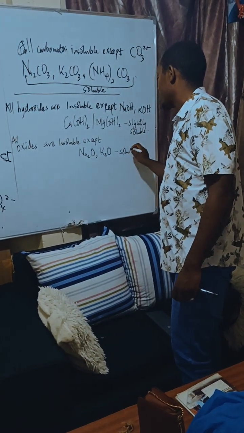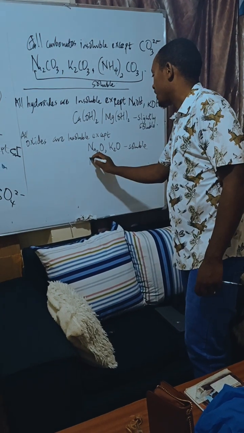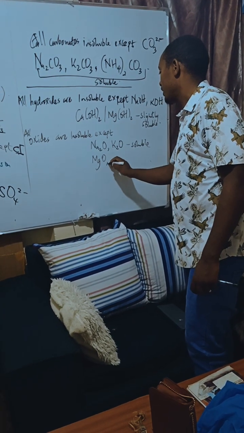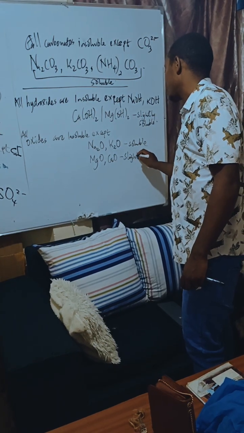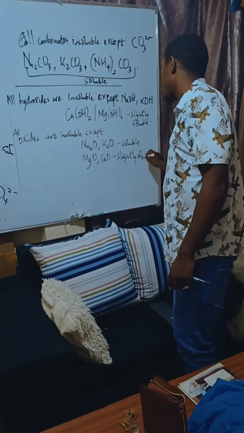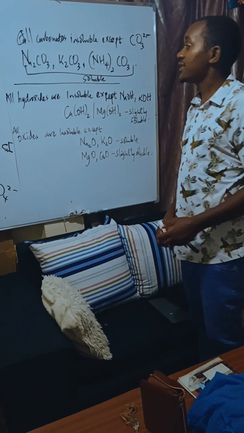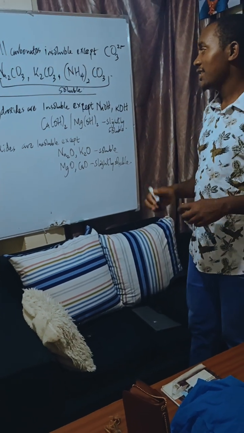These are soluble, and magnesium oxide and calcium oxide are slightly soluble.